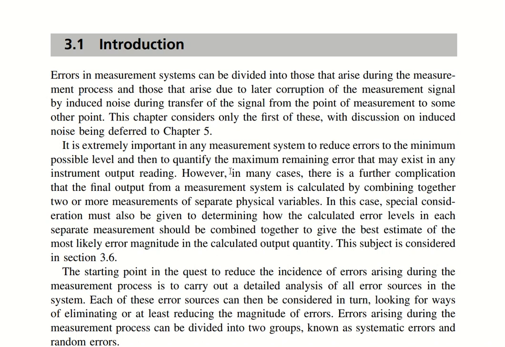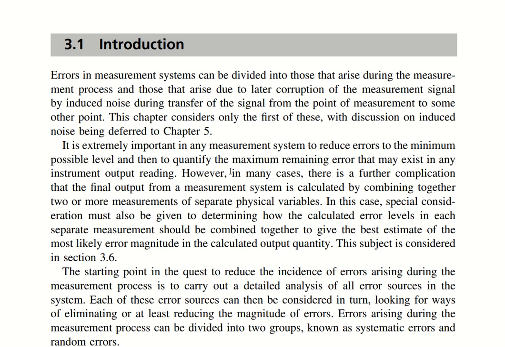Now in some cases it is not as simple as that. There is a further complication that the final output from a measurement system is calculated by combining together two or more instruments or measurements of separate physical variables.